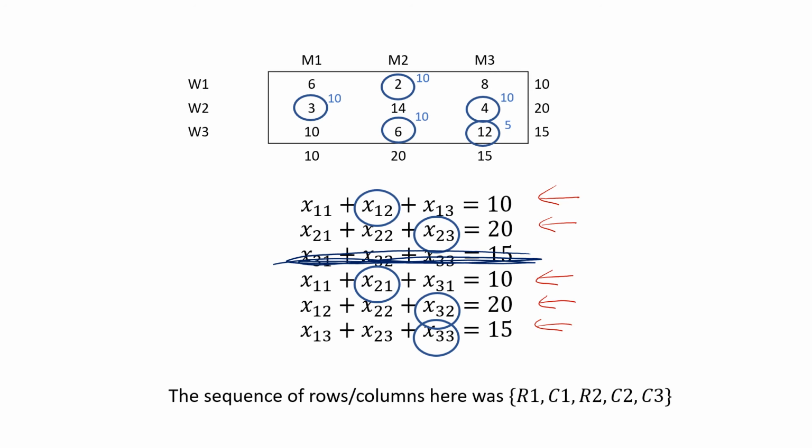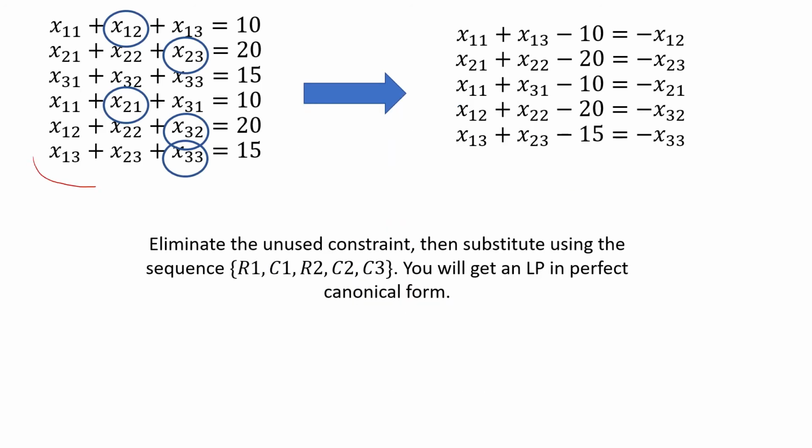So by going through this process, what I've done is I've identified 5 variables, and note that every one of those variables can now be a basic variable in this way. Here's what I get from writing it with the ones that are circled. I have one where there's nothing circled. That's my redundant one, so I'm going to drop that one out. Now I can rewrite everything in terms of those 5 variables.